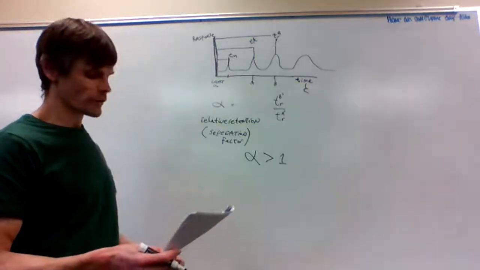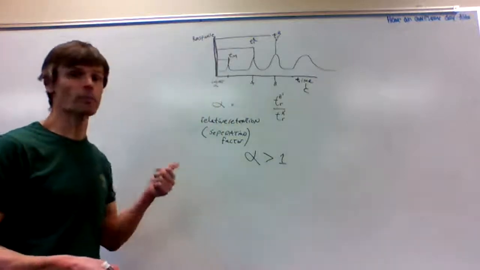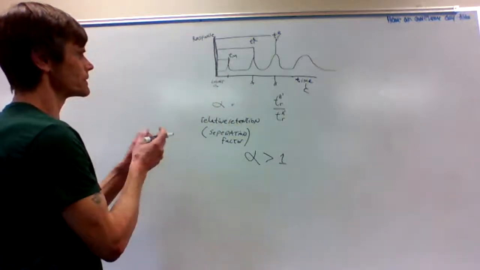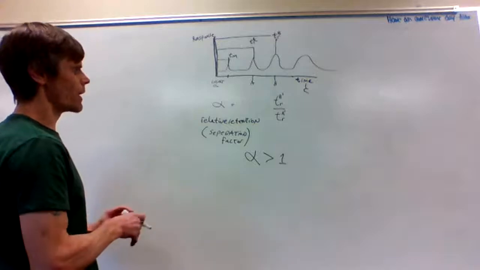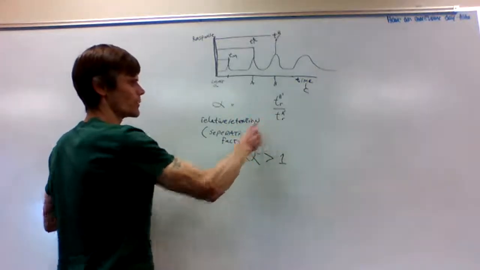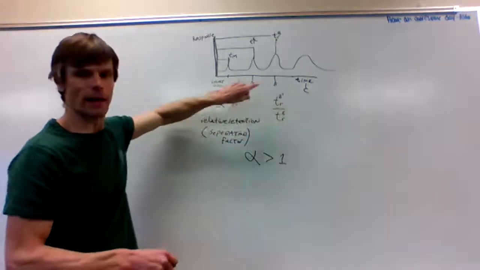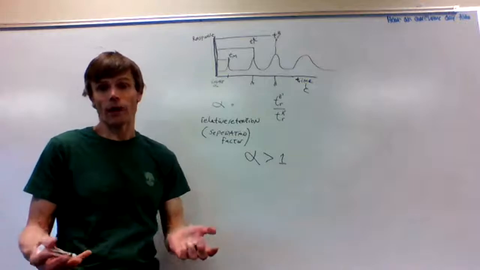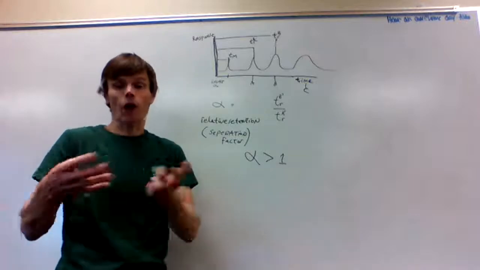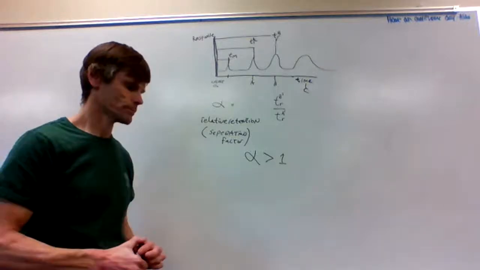So this is always expressed in a value greater than 1. So this is another piece of information that tells us something about the relative retention of one species over another. We could also compare C to B, C to A, and those are other ways we can compare the column and how well we've separated different species.